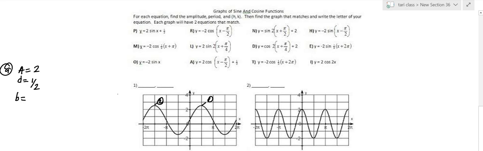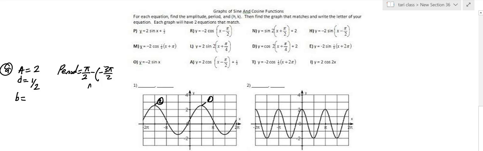So to get my period, the period will be equal to pi over 2, that's positive pi over 2, minus negative 3 pi over 2.